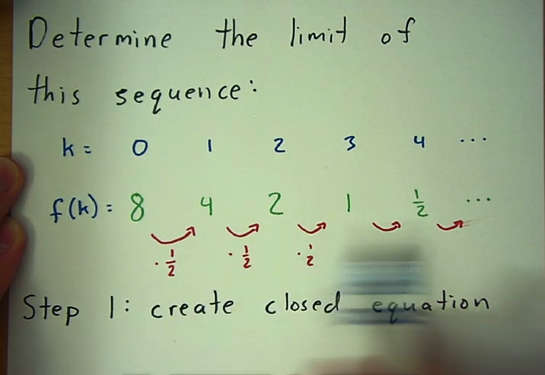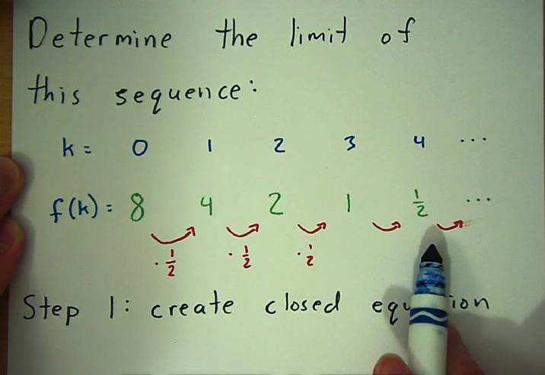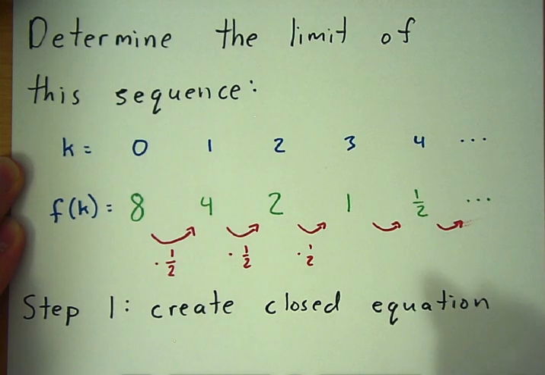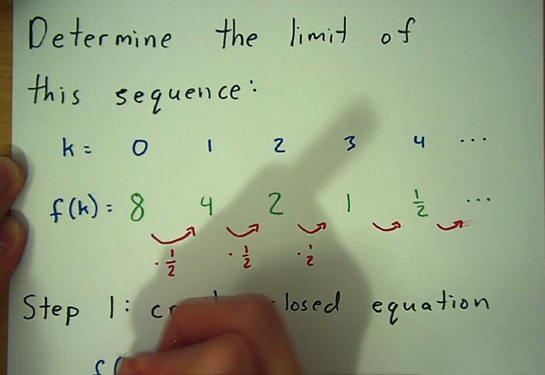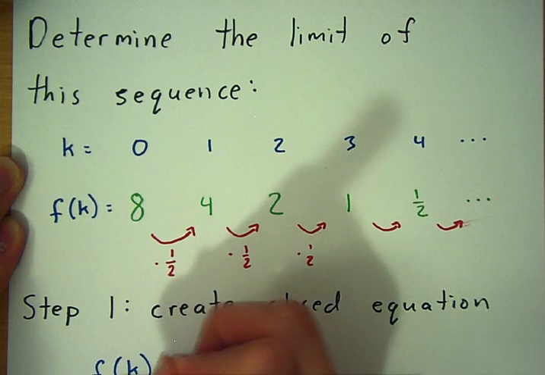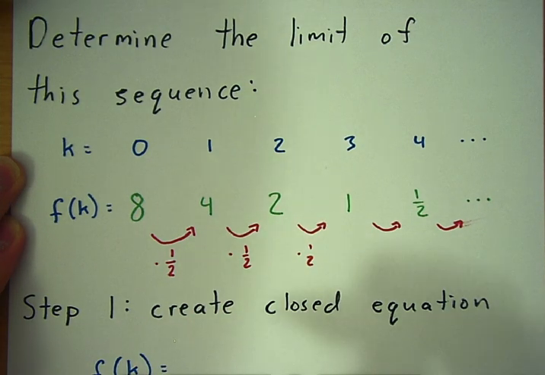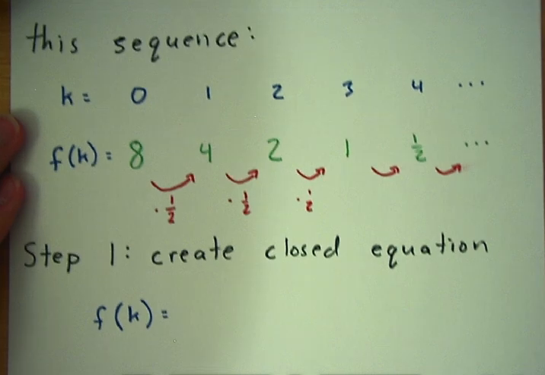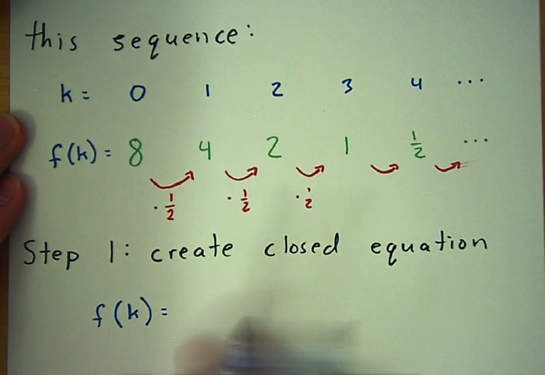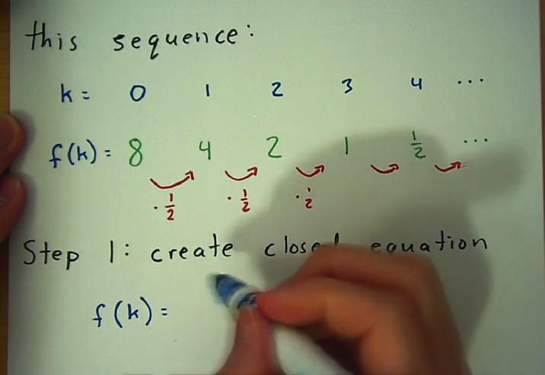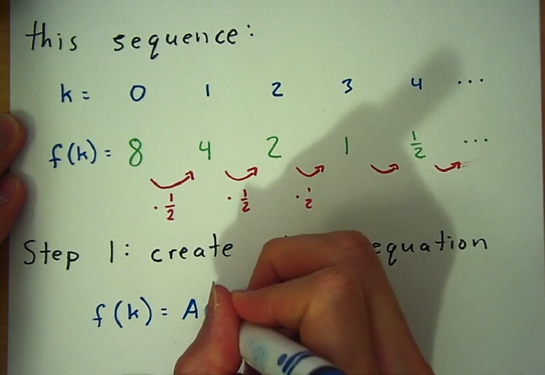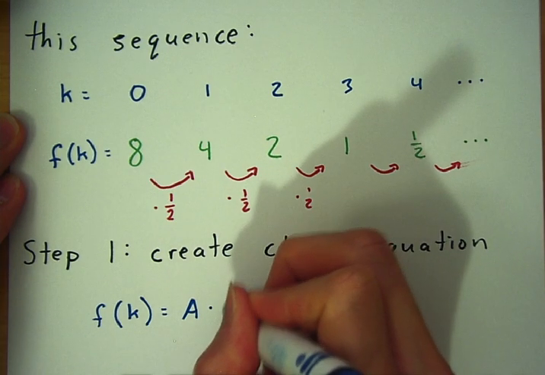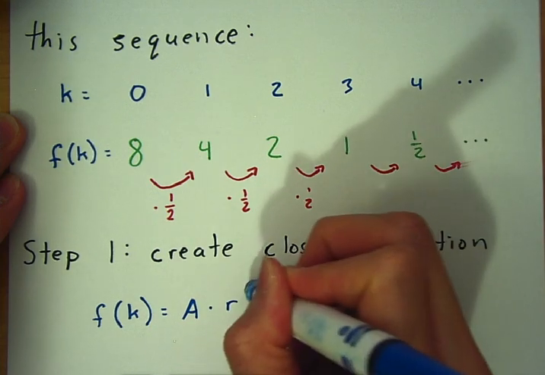All right, because this is a geometric sequence, I know that f of k will have the form of an exponential: a times r to the k.